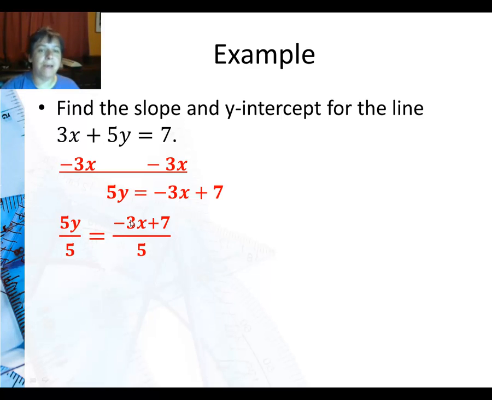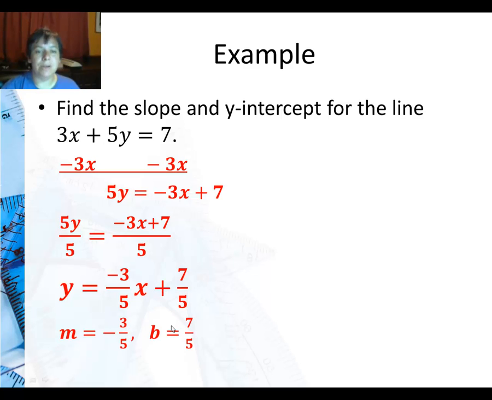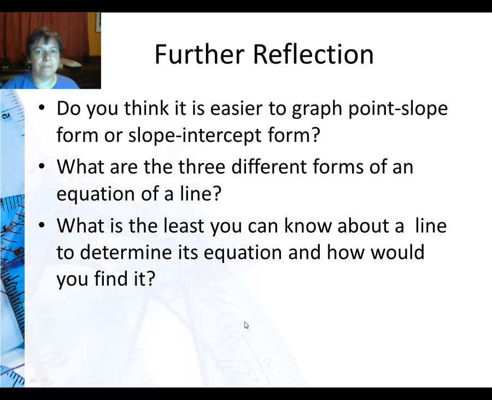If I do it to the left, I have to do it to the right. You're allowed to break up this fraction into two separate fractions. So y equals -3/5 x plus 7/5, which means that my slope is negative 3/5 and my y-intercept is 7/5.